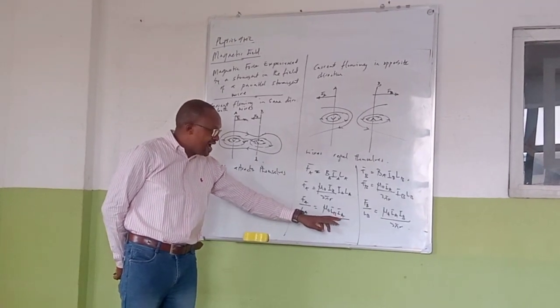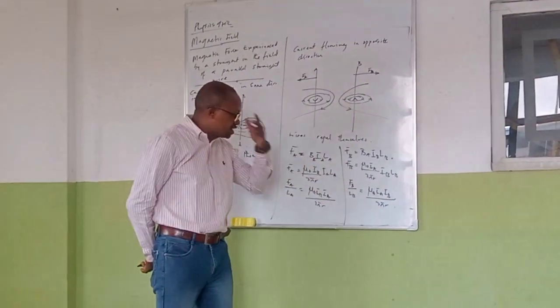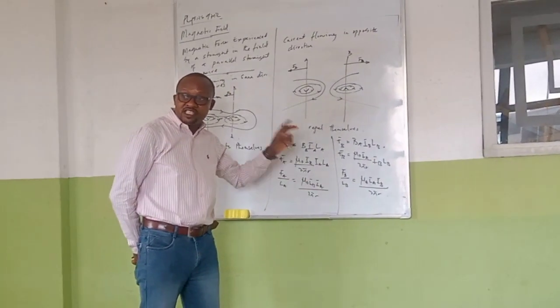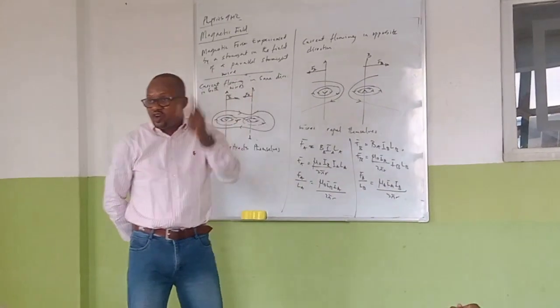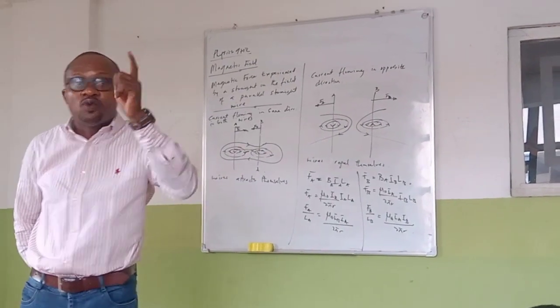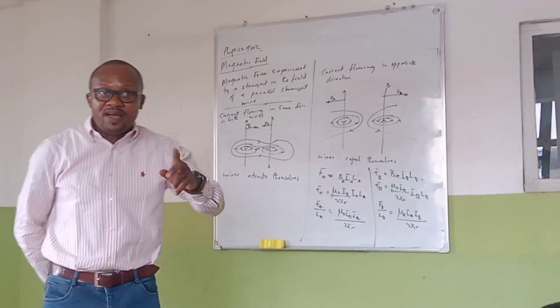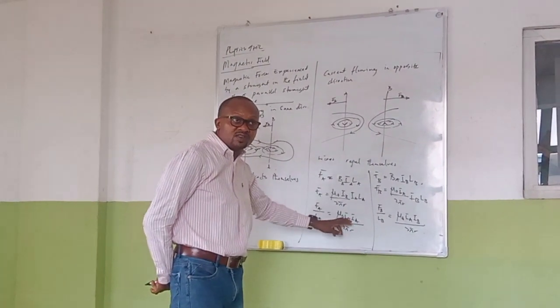So you have IA, IB. So the magnetic force per unit length on both wires is equal and opposite because it is proportional to the product of the currents in the two wires. So it is not just dependent on the current in one of the wires, it is dependent on the product of the currents in both wires.